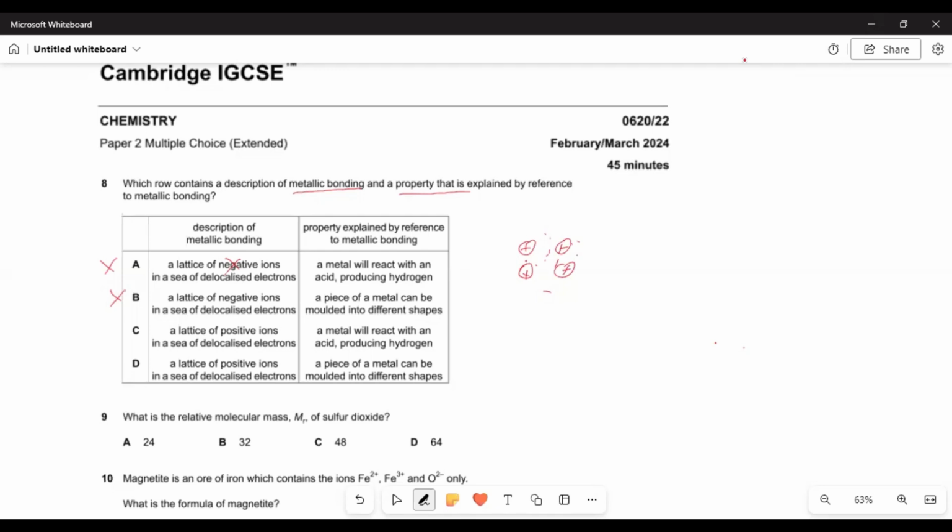So if we relate these with each other, then we can understand that the D option is correct, because although it is reactive and a metal can react with acid to produce hydrogen gas, it doesn't mean that it has such metallic structure. There are some other materials as well which can produce hydrogen gas. So the property that is related to the structure of the metal, this is only one.